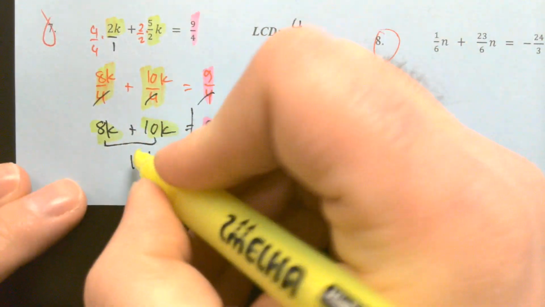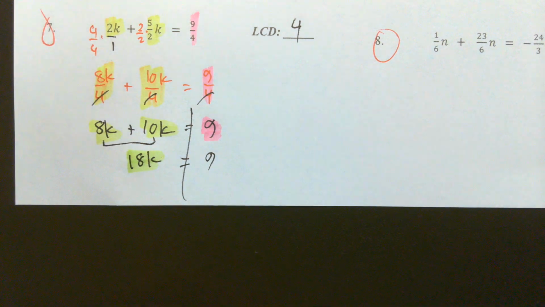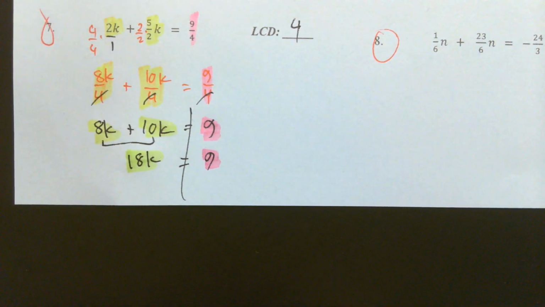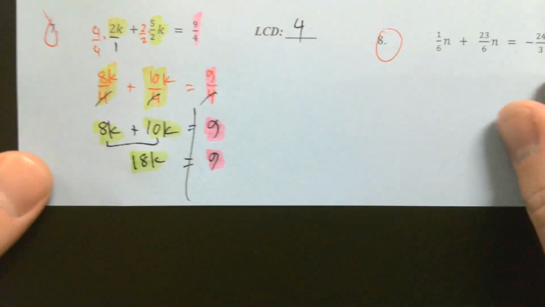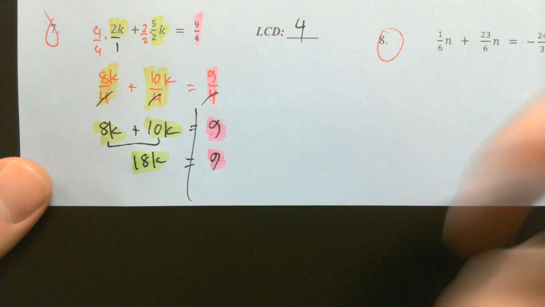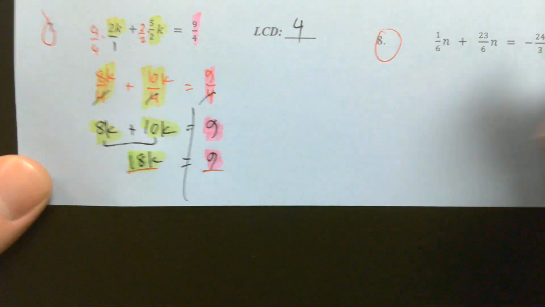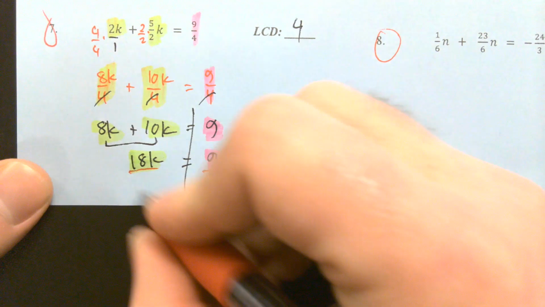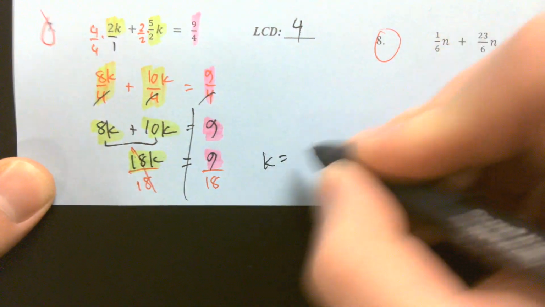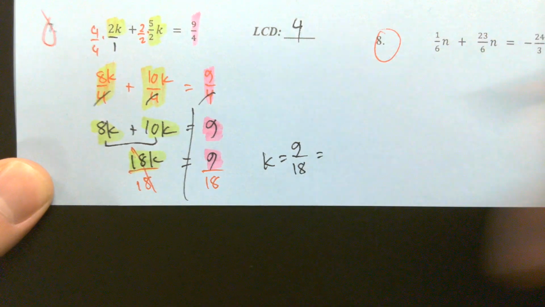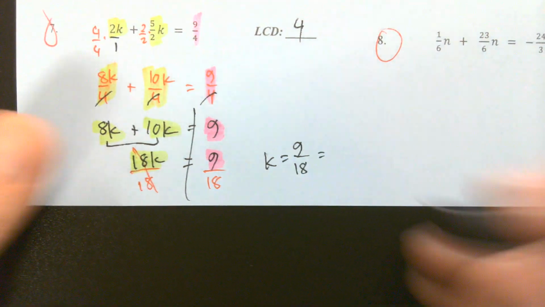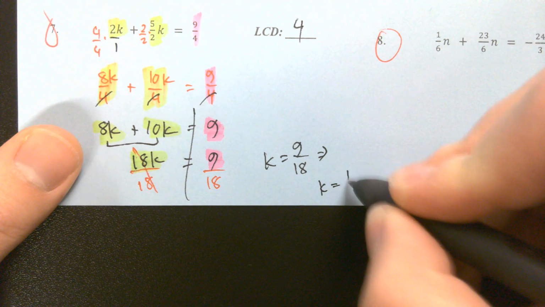Now I've got 1 single yellow term on the left, 1 single pink term on the right. I'm going to divide both sides by what? 18. 18's go away. k is equal to 9/18. What's 9/18 going to simplify to? 1/2.